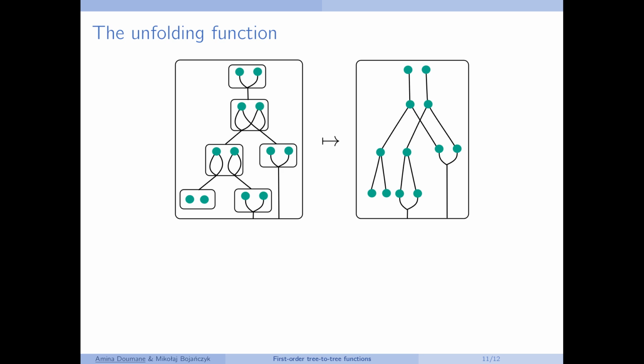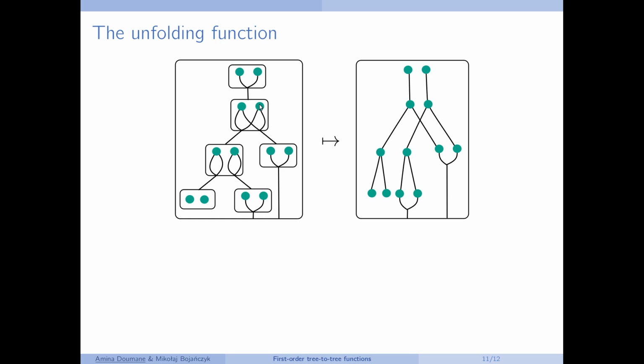The last ingredient is the unfolding function, illustrated by this picture. It takes as input a term of this shape and outputs the term where the links between the boxes are turned into direct links between the inner nodes in the natural way.